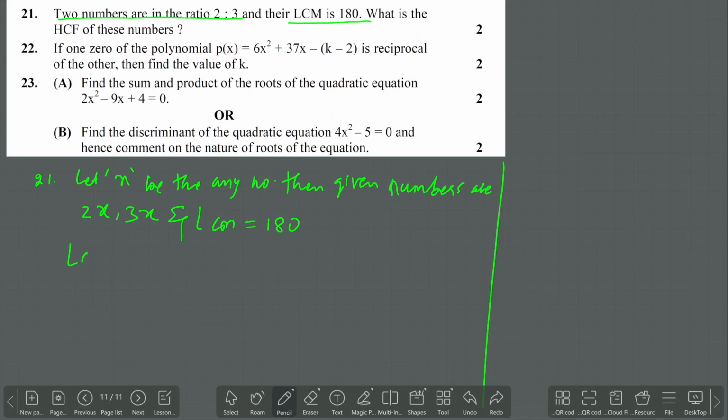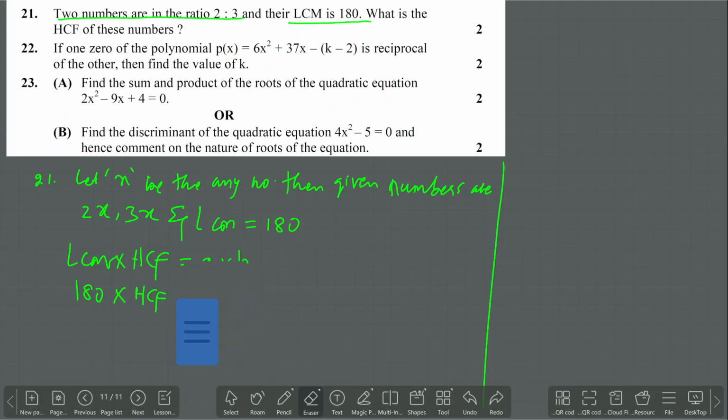Then LCM into HCF is equal to A into B. LCM 180, HCF need to find, A into B, that is 2x times 3x. If we are taking x and all, it will be very tough to find the HCF. Am I right? Better we will remove x.